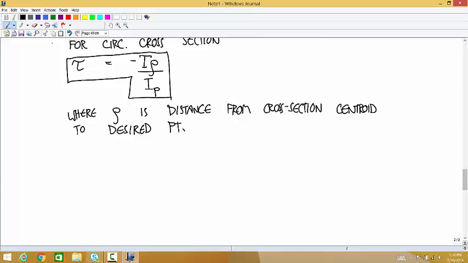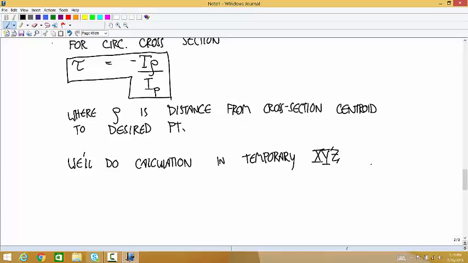And the way we're going to figure out which elements of the stress tensor this is, we'll always do this calculation in a temporary capital X, Y, Z coordinate system, with the origin at the centroid and the capital Z axis pointing toward the desired point.